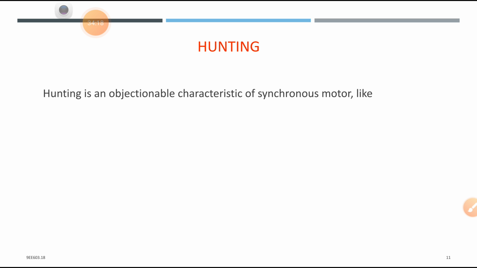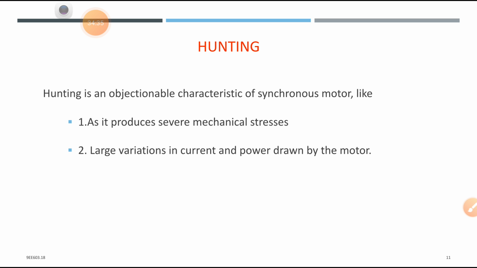Hunting is an objectionable characteristic of a synchronous motor, as it produces severe mechanical stresses inside the machine. It vibrates the machine and causes mechanical damage. At the same time, there is a large variation in current and power drawn by the motor, which is connected to the supply, causing swinging on the distribution lines also.